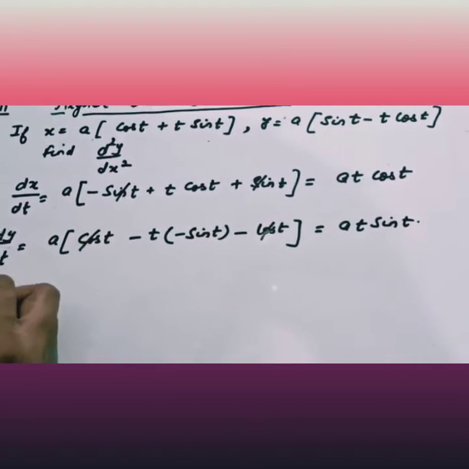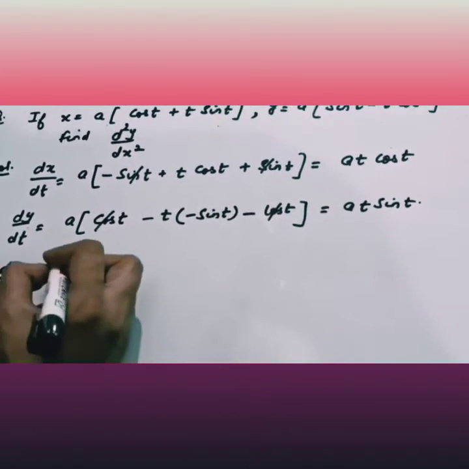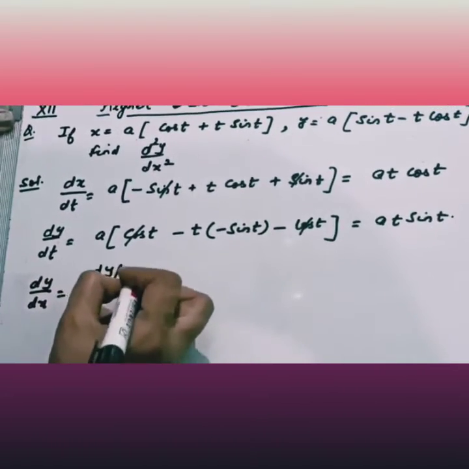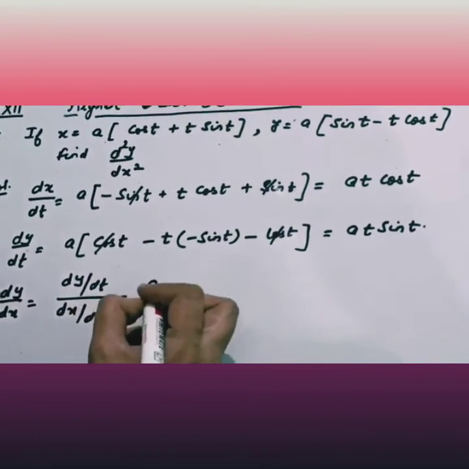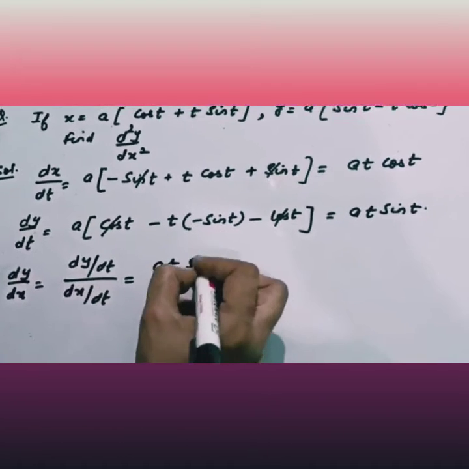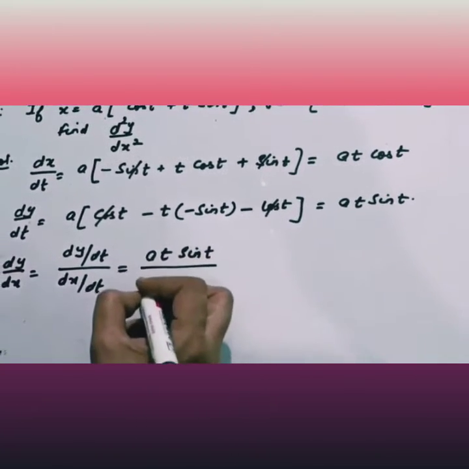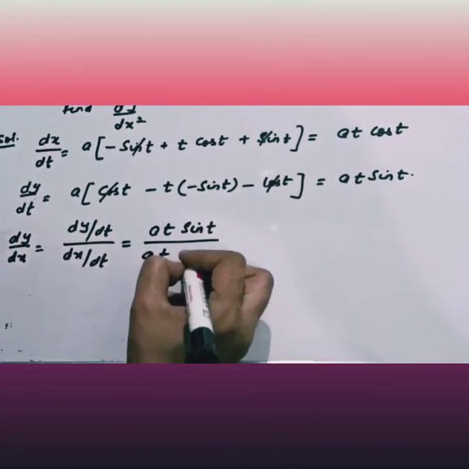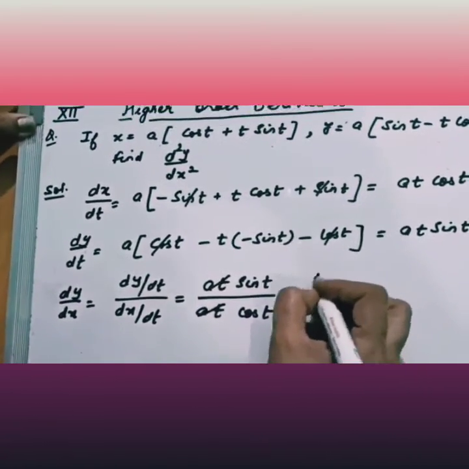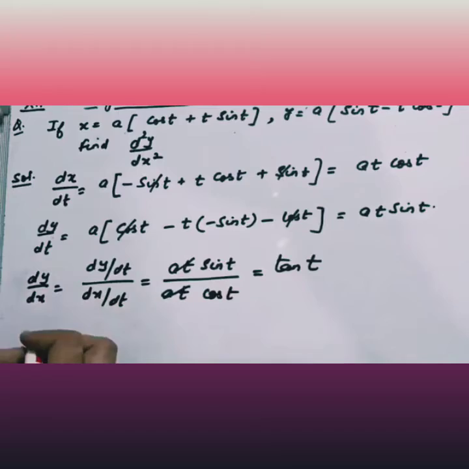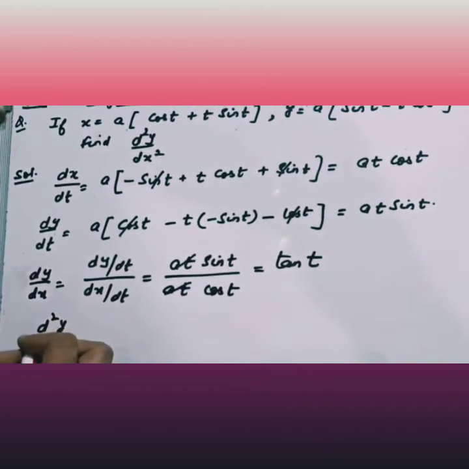So if we write dy by dx, that is dy by dt upon dx by dt, it is a t sin t upon a t cos t. So these cancel, our answer is tan t. Now we have to differentiate it a second time.